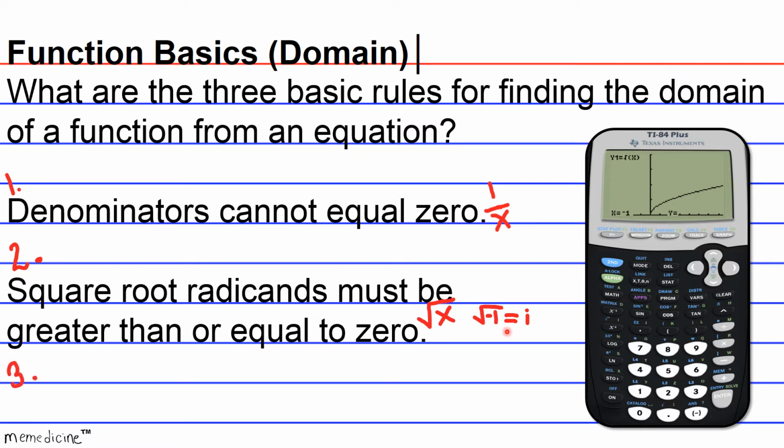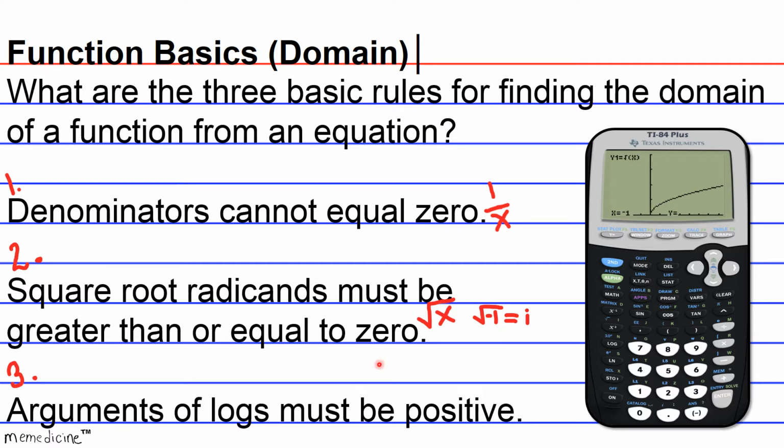The third guideline is this: arguments of logs must be positive. When I say arguments, I mean the results. So y equals the log base 9 of x is going to be our example here. And remember that all logs are actually exponential equations. They're just inverse exponential equations.